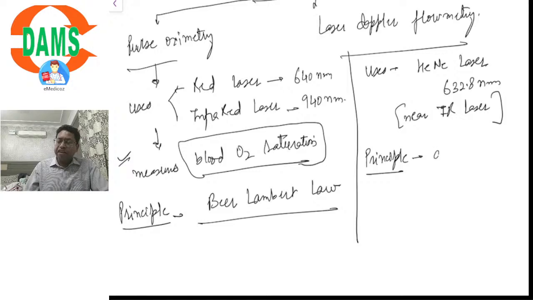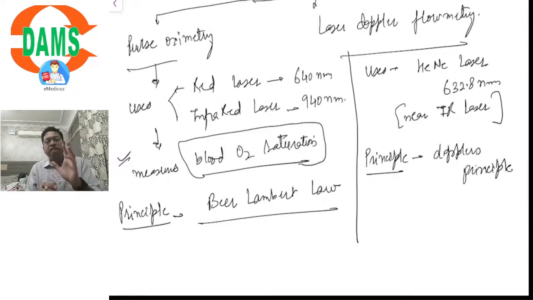As the name indicates, it is based on Doppler's principle. All of you must have read about Doppler's principle in your school physics. The frequency of light is shifted when it is reflected from a moving object depending upon the velocity of the object. So if there is a moving object and we fire a light of particular frequency, the light reflected by the moving object would be of a different frequency than the original.